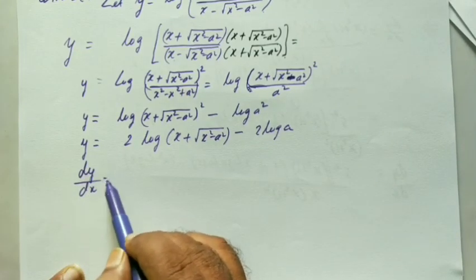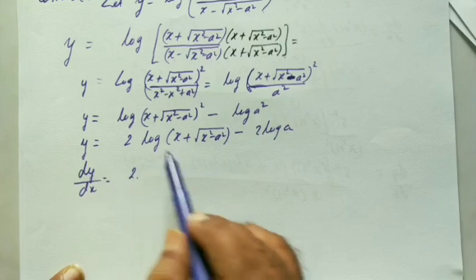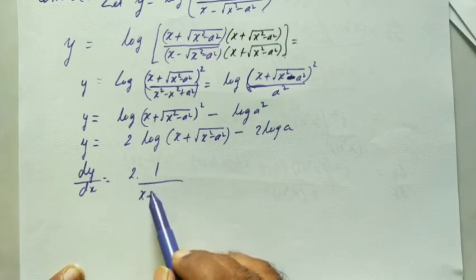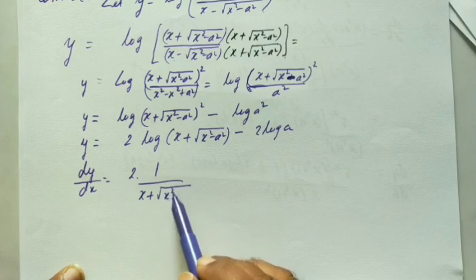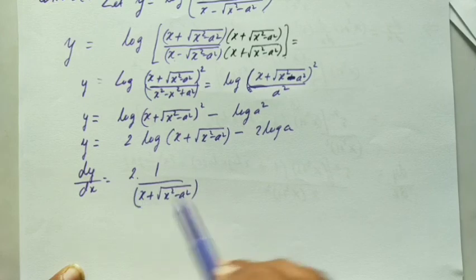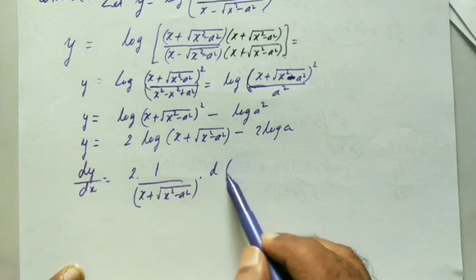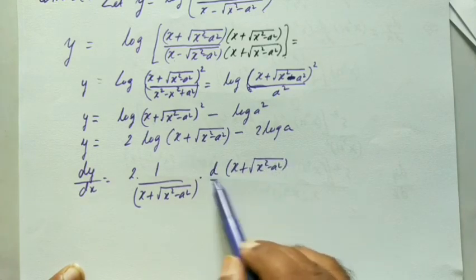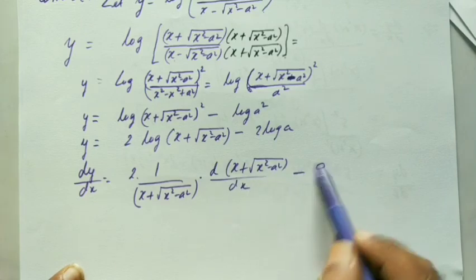dy by dx is equal to differentiation of log x is 1 by x, and then I'll differentiate, and this is of course 0.